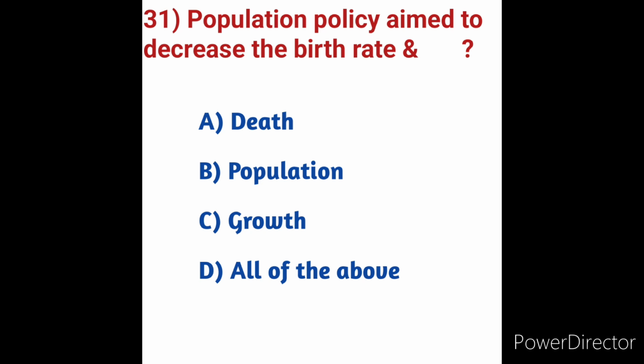The long-term objective is to achieve a stable population by the year 2045, at a level consistent with the requirements of sustainable economic growth, social development, and environmental protection. So here the population policy aimed to decrease the birth rate and growth. Option C is the correct answer here. Next we will move on to question number 32.